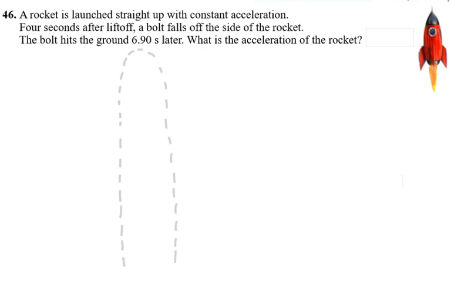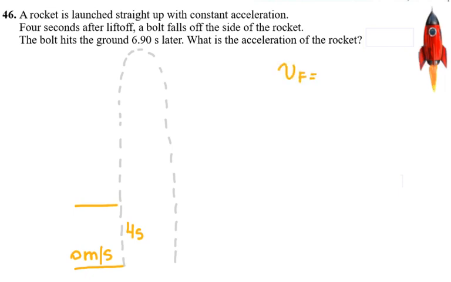So at first I'm going to have this part, and these are the first 4 seconds, and I don't know what the acceleration was. They asked me what the acceleration was. So if the initial velocity was 0 meters per second, then the final velocity, I'm going to write the formula here and I'm going to erase it.